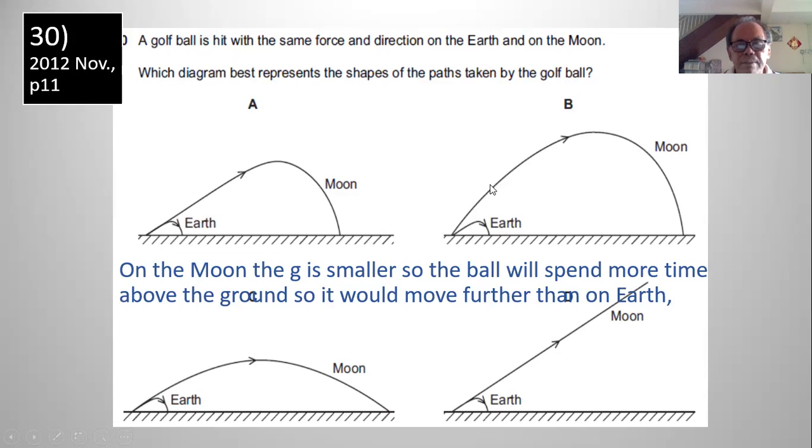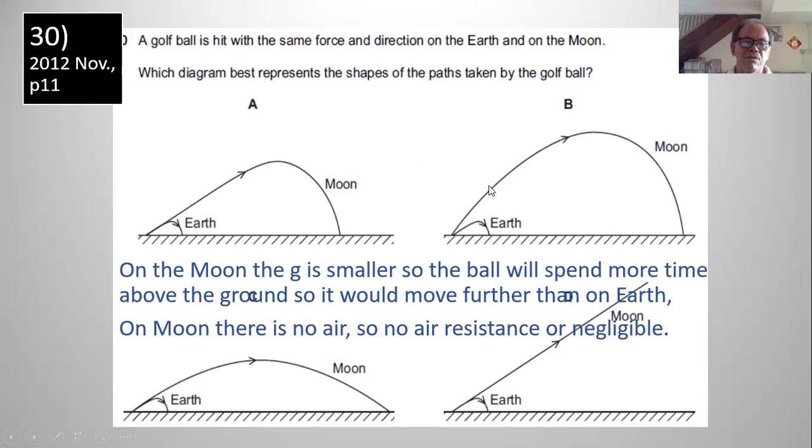So it would move further than on Earth. On the moon, there's no air. That's your general knowledge. So no air resistance. The answer is C. On Earth, because of air resistance, it's not going to be symmetrical. On the moon, no air resistance, so it's symmetrical about the maximum height.